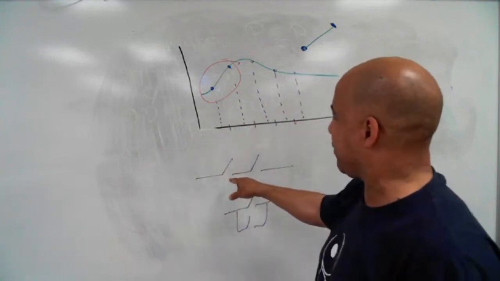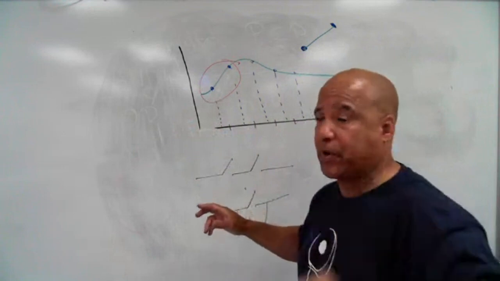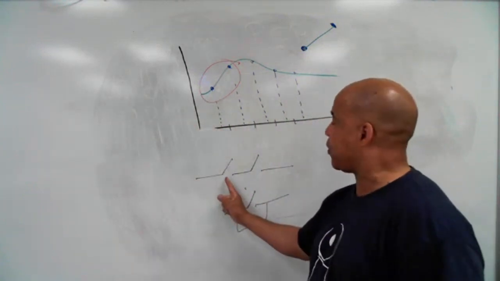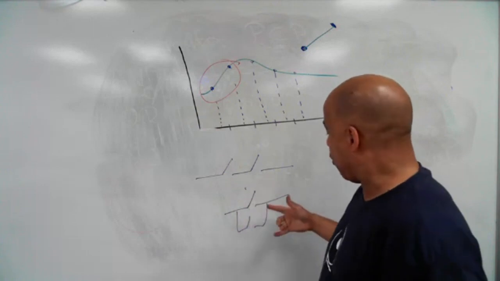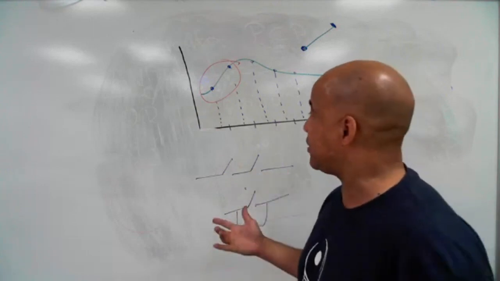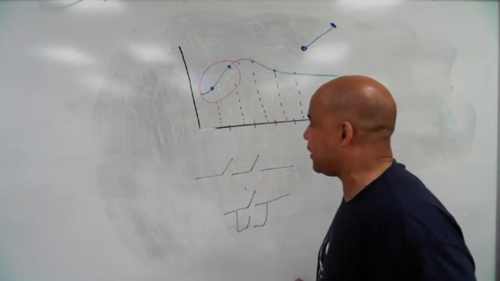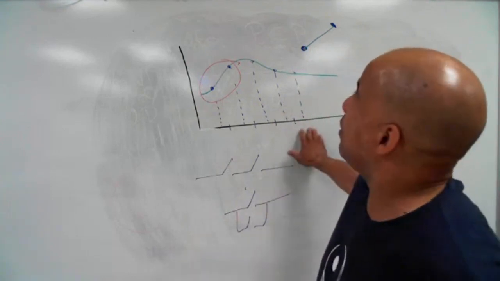We don't use switches, and we'll talk about what you actually do use, but you'll use software commands or software instructions to represent AND logic, OR logic, NOT logic. You'll see it's pretty simple, and actually it's pretty interesting the way it's done. So we'll get to that.